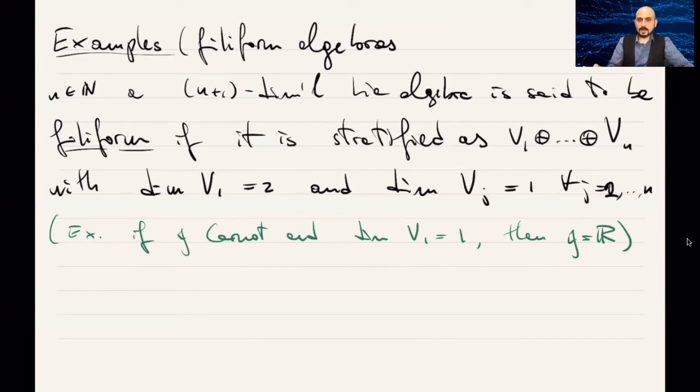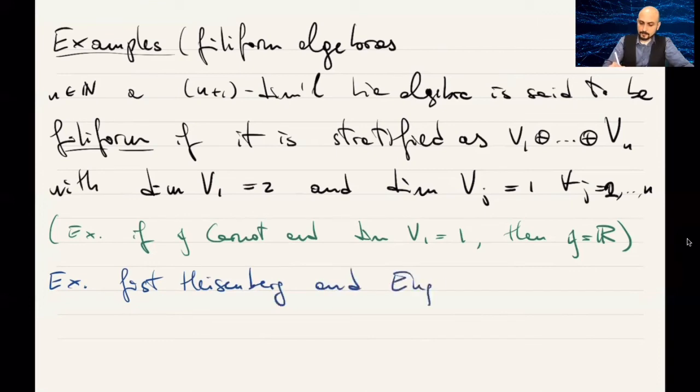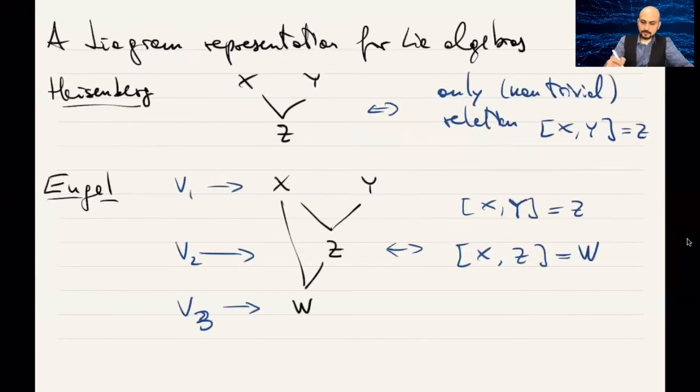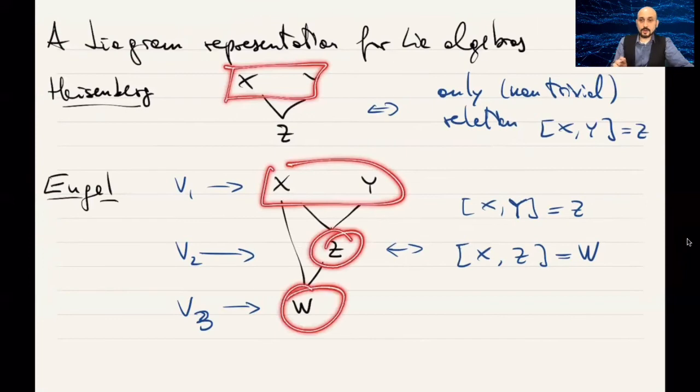So these filiform algebras are the ones with the smallest possible dimensions for the stratification. Examples are the first Heisenberg group, and the angle group. So the first has dimension 2, and then each layer has dimension 1.